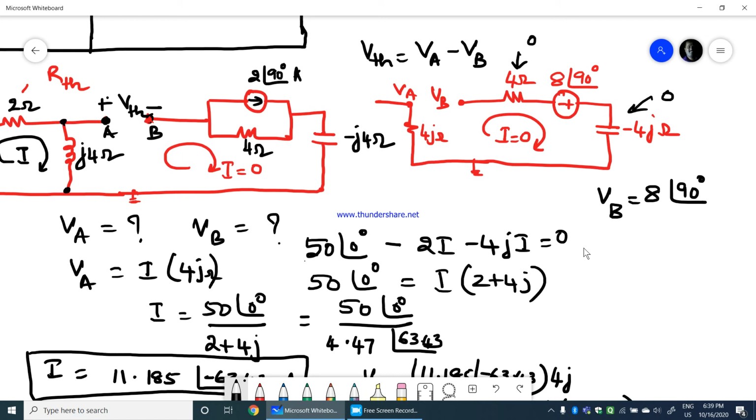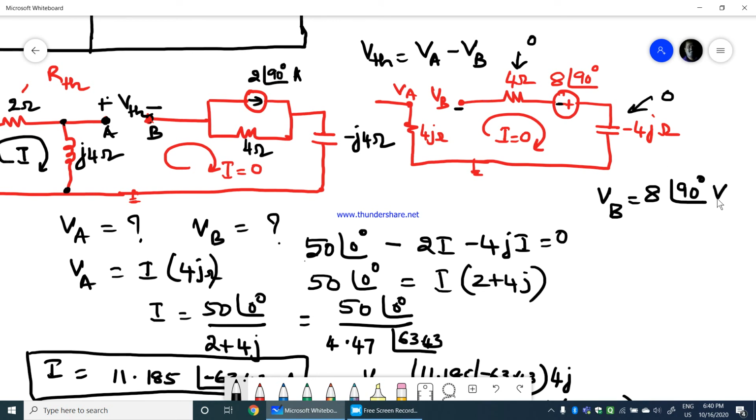As we don't have any voltage drop across the 4 ohm and minus 4j ohm due to the current being 0, we end up getting VB equal to 8 at an angle 90 degree. Why is it plus 8 at an angle 90 degree? See, the minus is connected to this, and the plus is connected to ground. So VB itself is negative. Therefore, the negative of a negative value becomes positive.